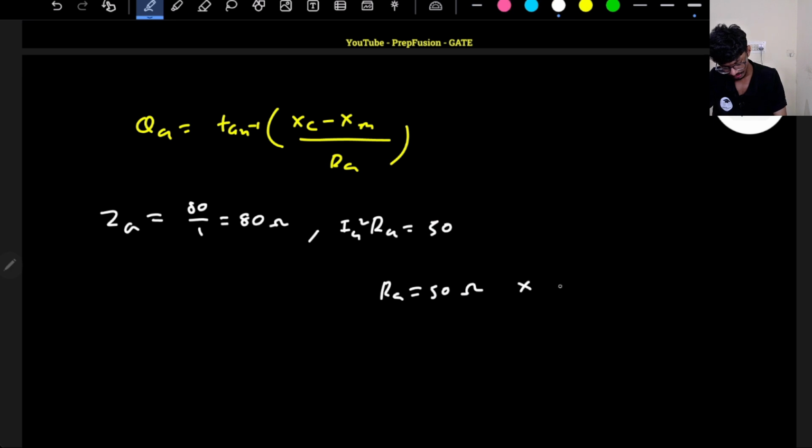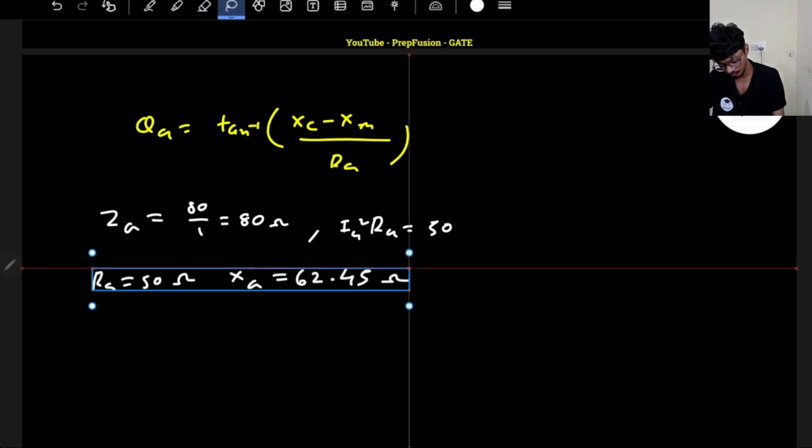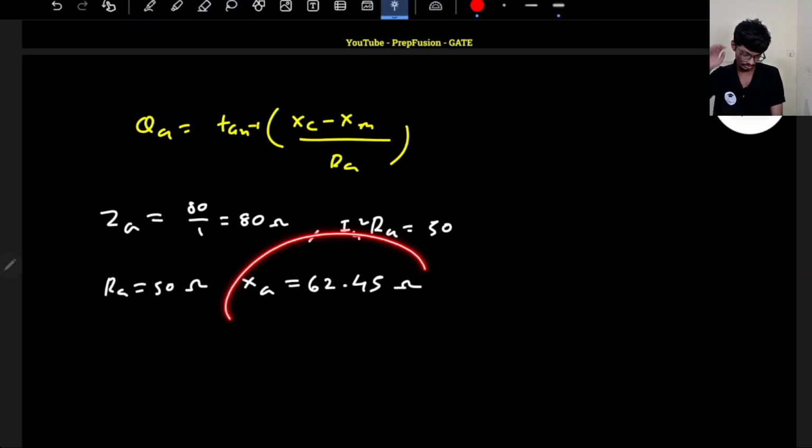So what will be your xa? Xa will be the square root of 80 square minus 50 square, so it is 62.45 ohms. Okay, 62.45 ohms. So that is what my xa is equal to.